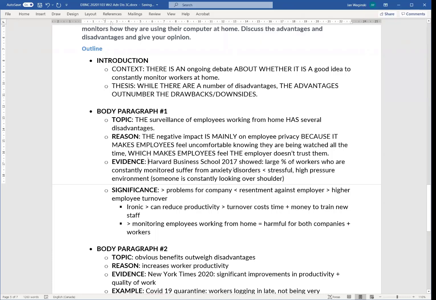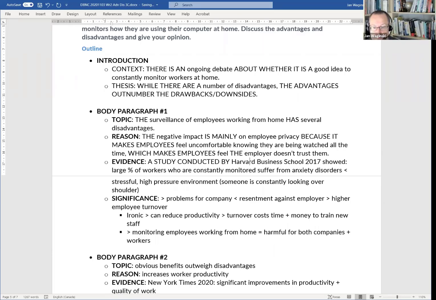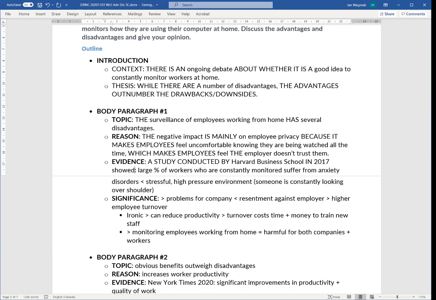Okay. We can say now, in 2017, a study conducted by Harvard Business School. You can put in 2017 earlier, you can put it here. Yes, showed that a large percentage of workers who are constantly monitored suffer from anxiety disorder and stress.